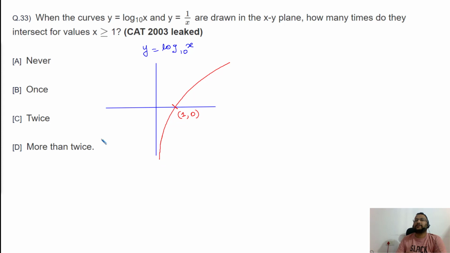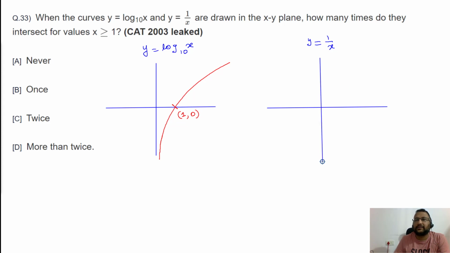The next is, let's draw the graph for y is equal to 1 divided by x. It will look like what? Let's have a look at it. The graph of y is equal to 1 divided by x will look like this.